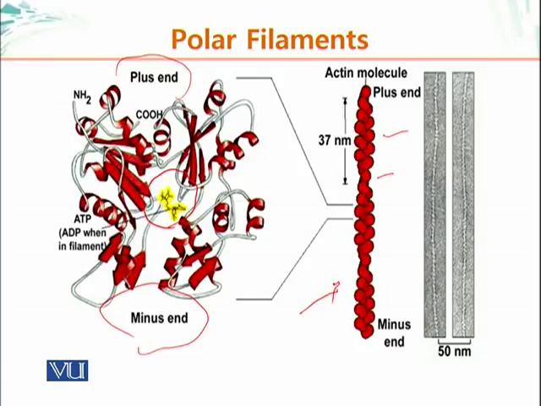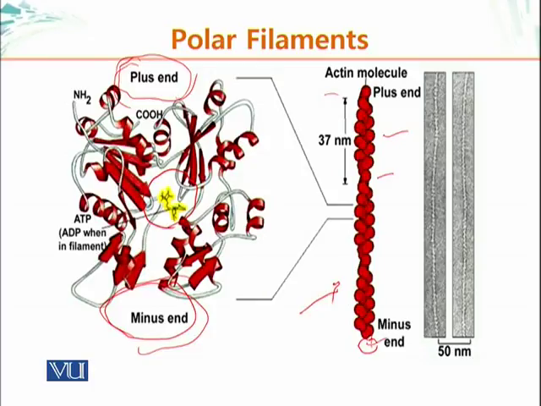So here you have the plus end of the actin filament, and here you have the minus end. It is how this monomer is placed in three-dimensional space. This part of this globular protein is exposed at the minus end, whereas at the plus end, it is this part of the globular protein which is exposed at the other end of the filament.